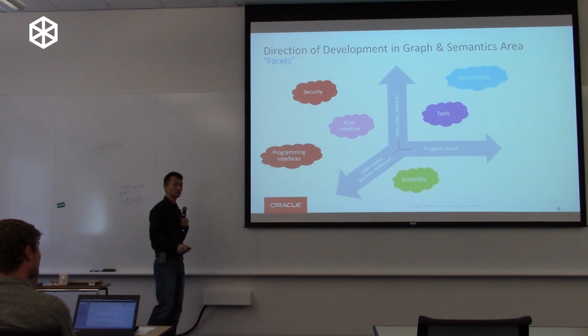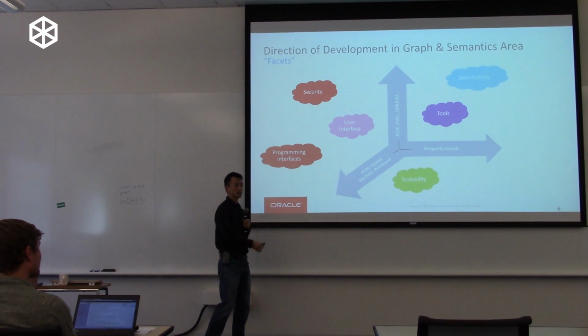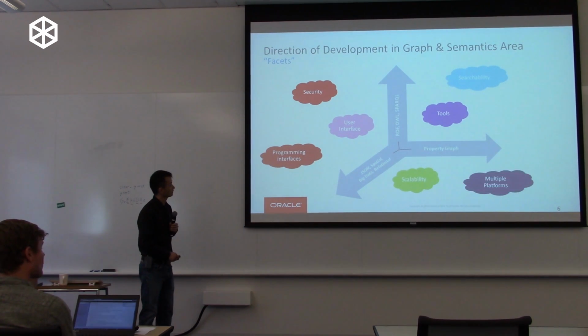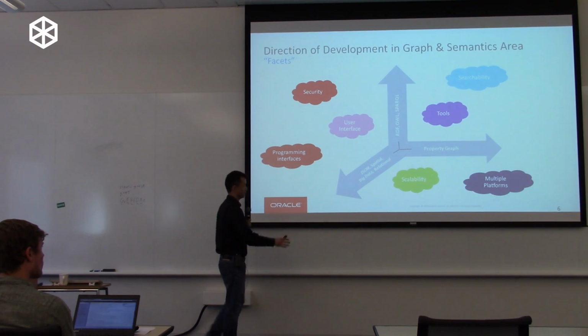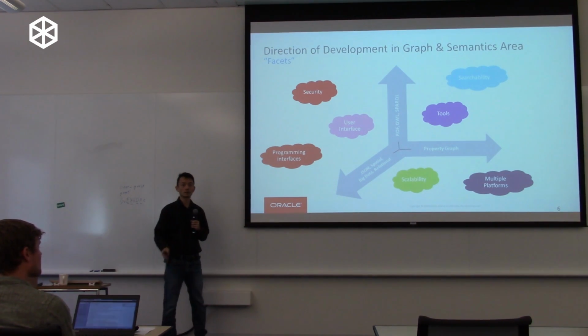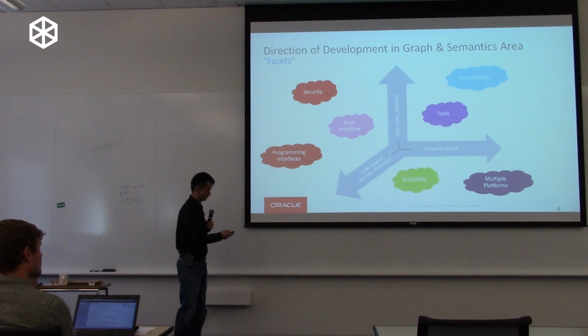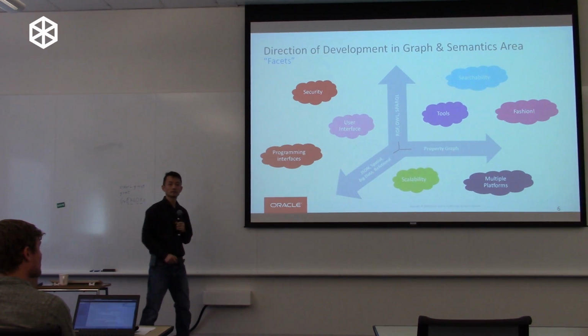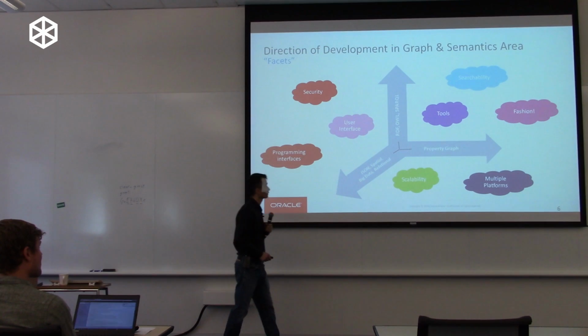Scalability: people expect your system can scale to billions of edges, to trillions of edges. Multiple platforms: these days, people care about Hadoop platforms. There are also people who care about relational platforms and cloud. And fashion. This is not a typo.